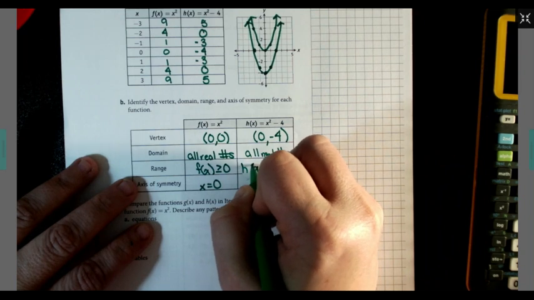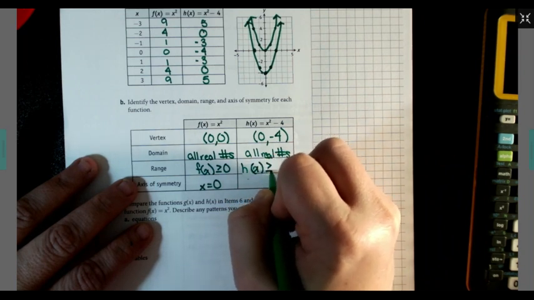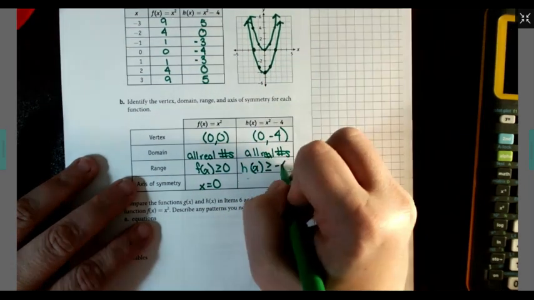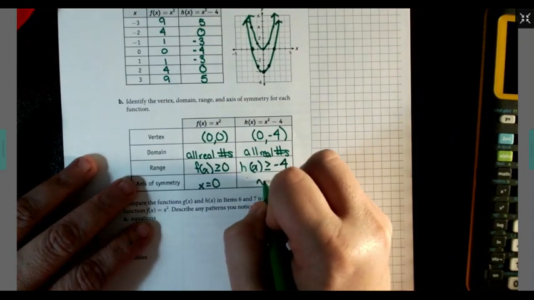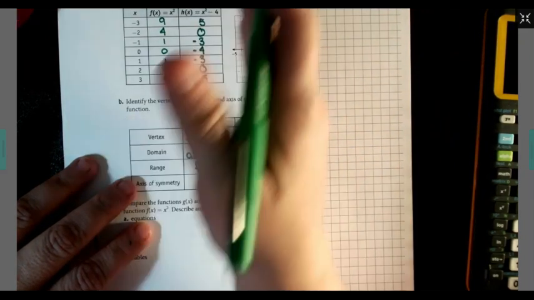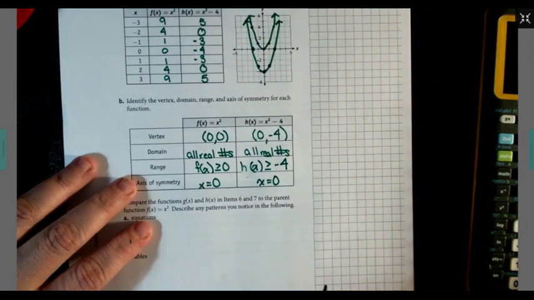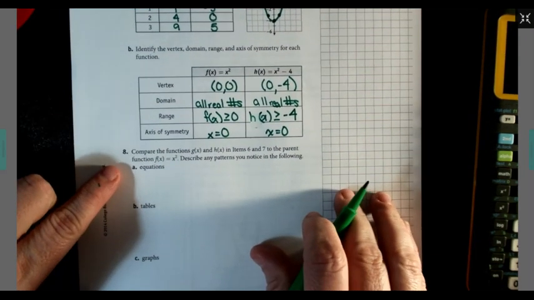H of x is greater than or equal to negative 4. But my axis of symmetry didn't change. It's still along that y-axis.